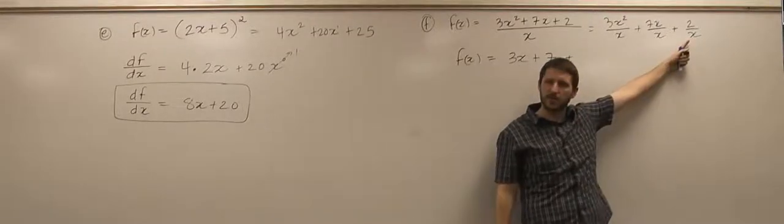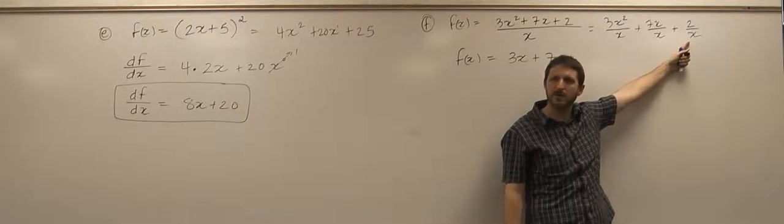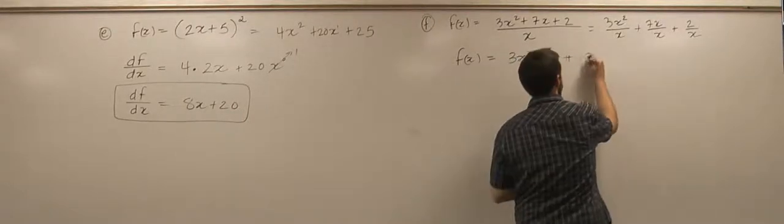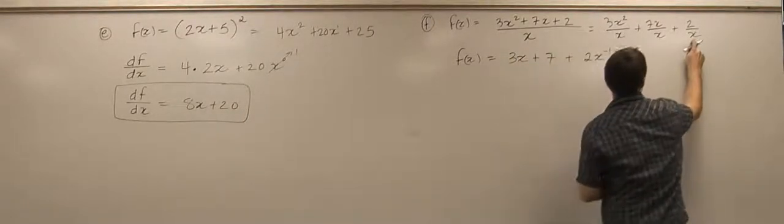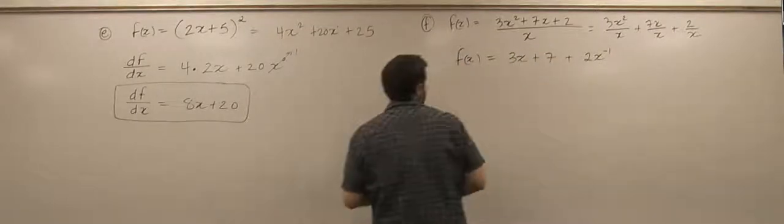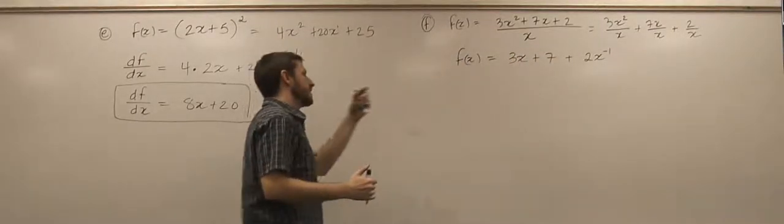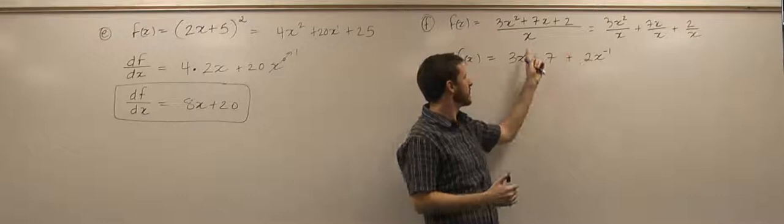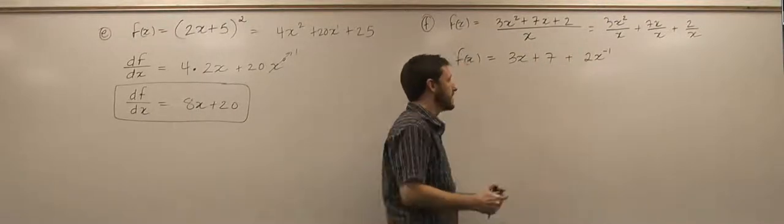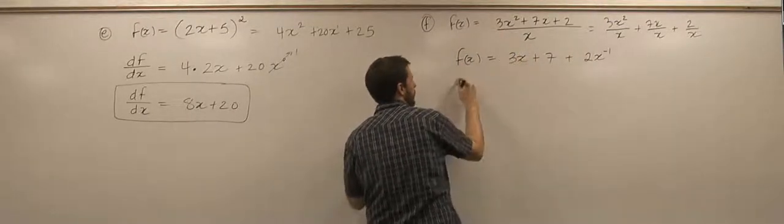Let me go ahead and rewrite 2 over x though, because it's going to be hard to derive unless I have an exponent. It becomes 2x to the negative 1. Now that I've rewritten it into something I'm used to, where I just have a single x with exponents in each term, I can derive.